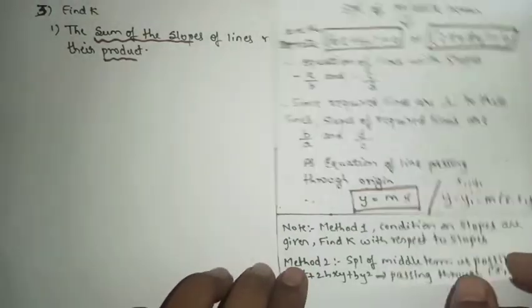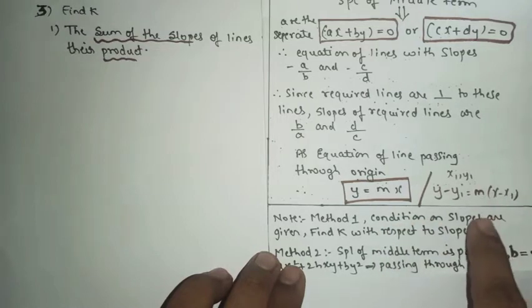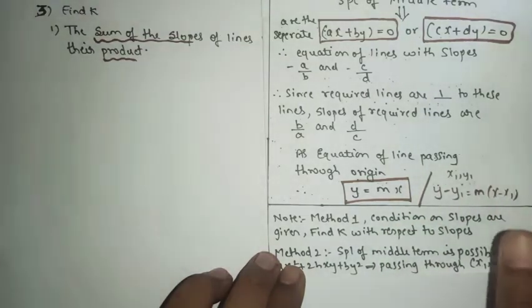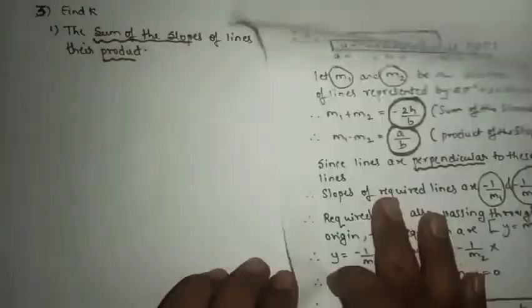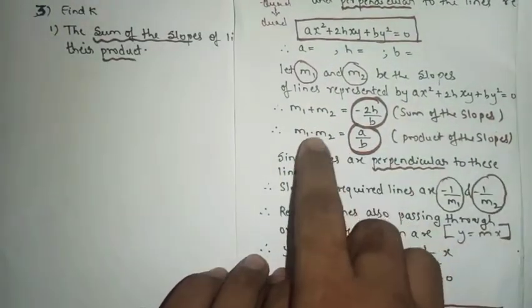So whenever the word comes find k, and when you read the question and feel that the sum is based on the condition of the slope, straight away you have to apply the method number 1, sum of the slope and product.